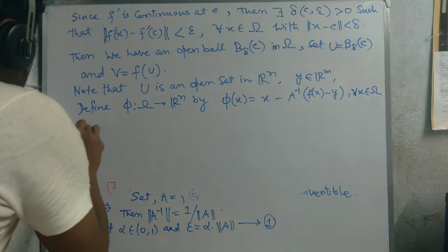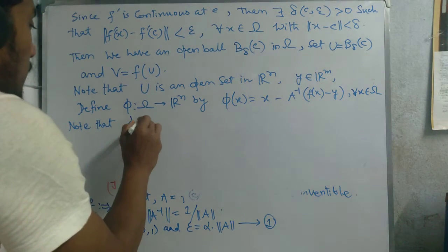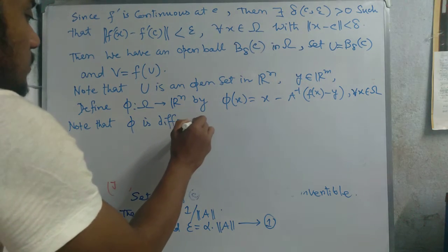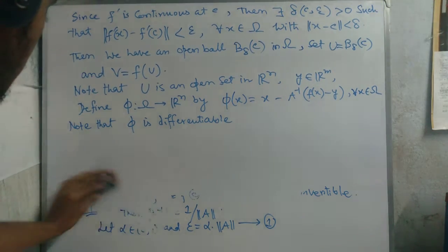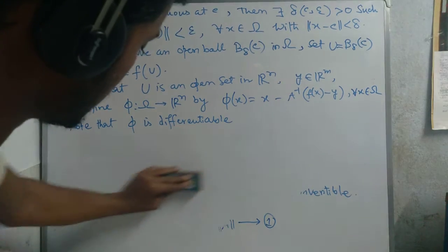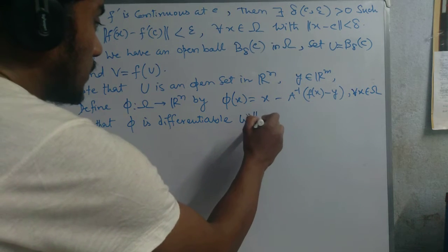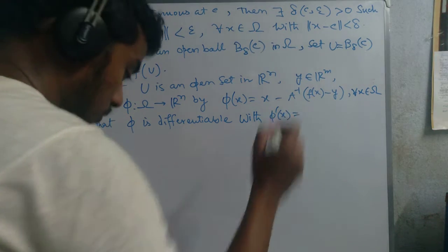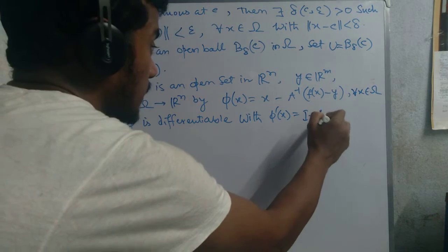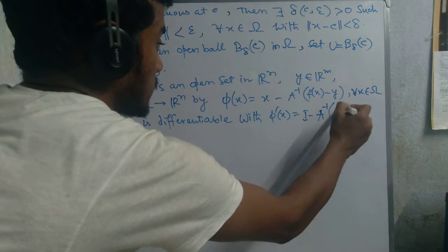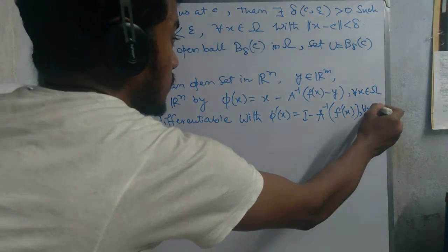Now note that phi is differentiable with phi'(x) equal to I minus A inverse f'(x) for all x belonging to Omega.